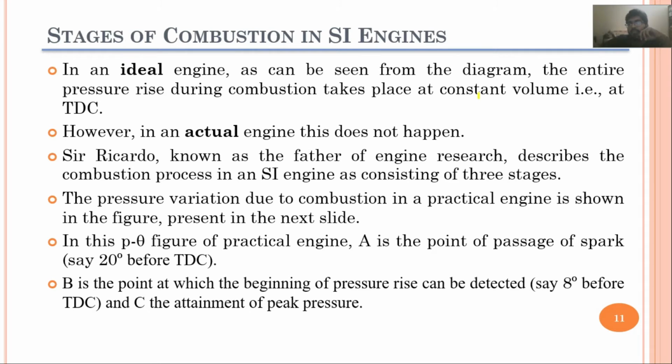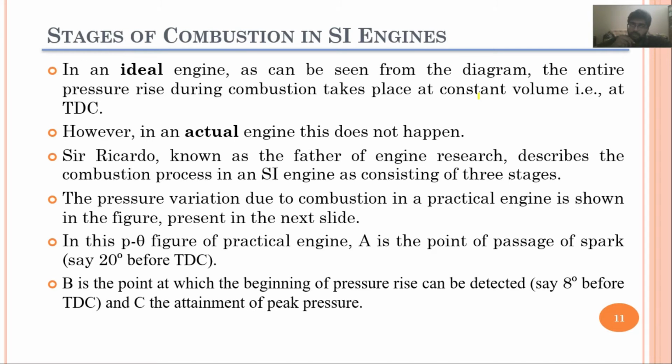I have already explained this part, that the pressure rise in the compression process is not the dominant part, but the pressure rise during the combustion is the dominant part and has a major portion in the pressure increment.